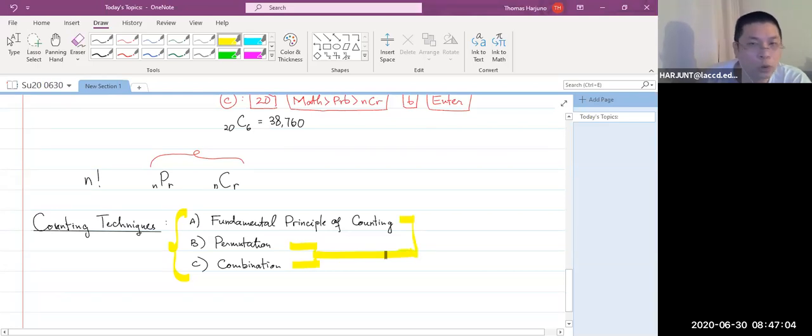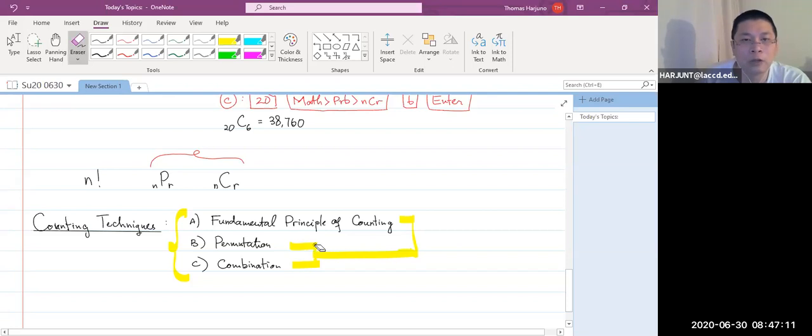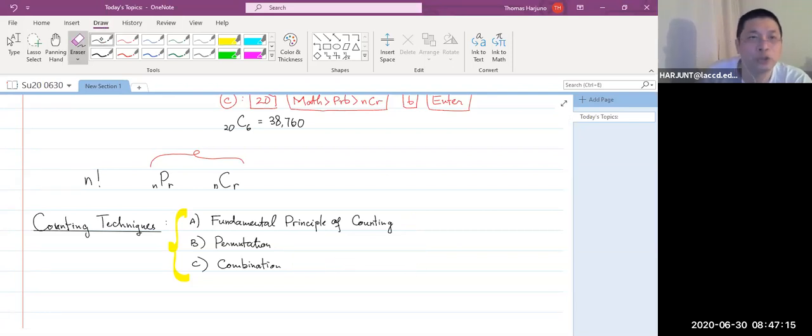Okay, it gets more complicated later on. So these three tools that we have here, counting principle, permutation, and combination, should be considered as tools instead of category of how to compute it.